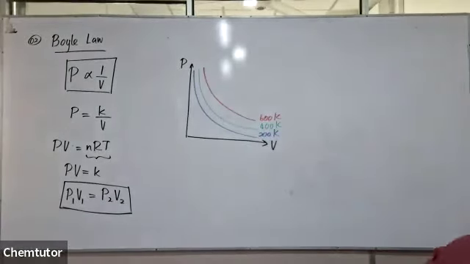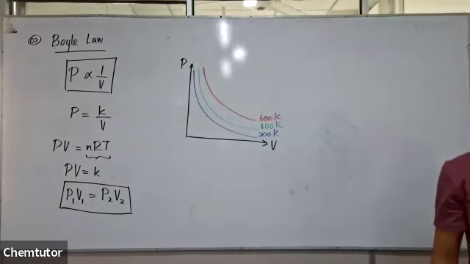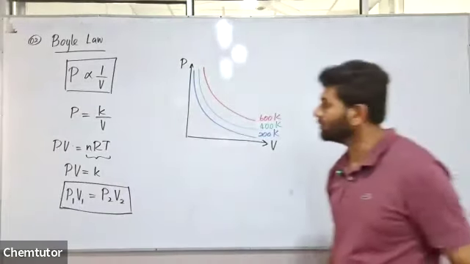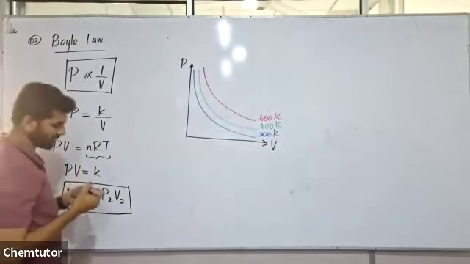Right. Then there's another one. There is Boyle's law that we know: P equals K over V. So this is a y equals mx type equation.